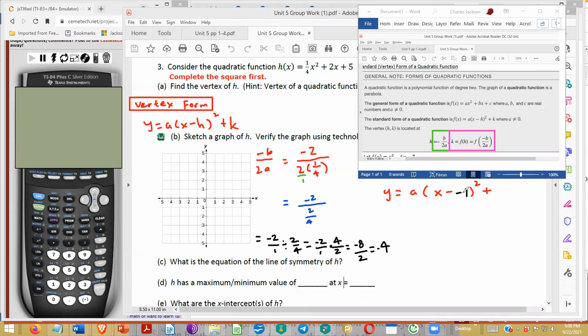Negative 4. So the minus b over 2a goes into here, and the k goes into here. You get the k just by plugging in.